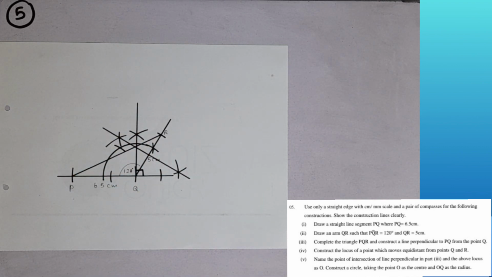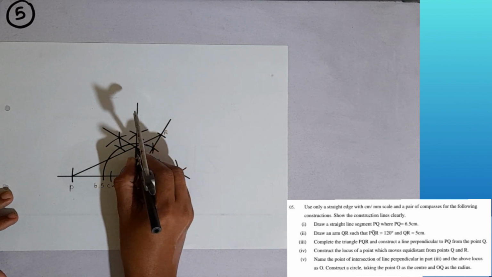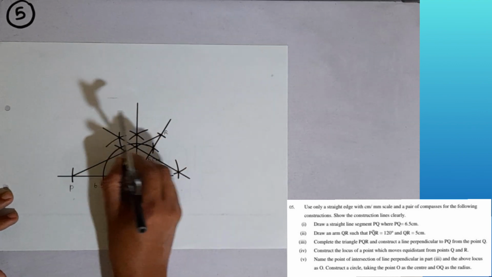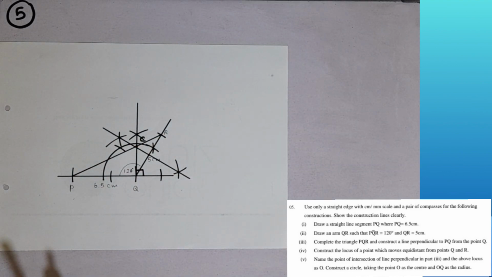Then last one, name the point of intersection of the line perpendicular in part 3 and the above locus as O. Part 3. This is the intersecting point. So this is C. We can name it as C. Construct a circle taking O as the center and OQ as the radius.